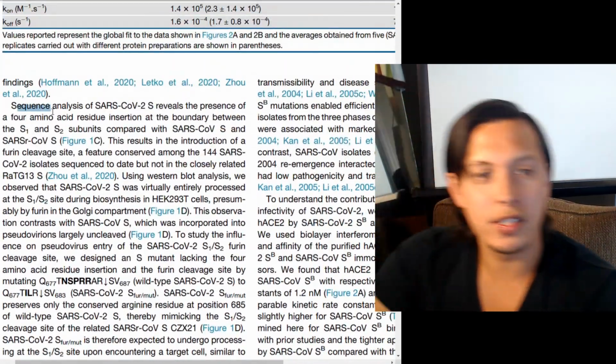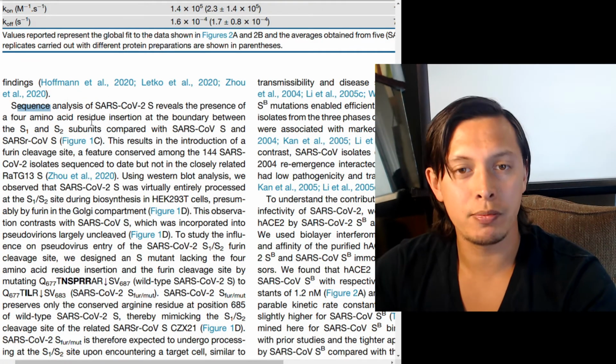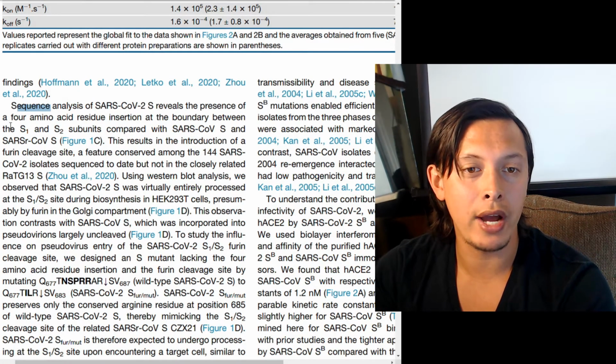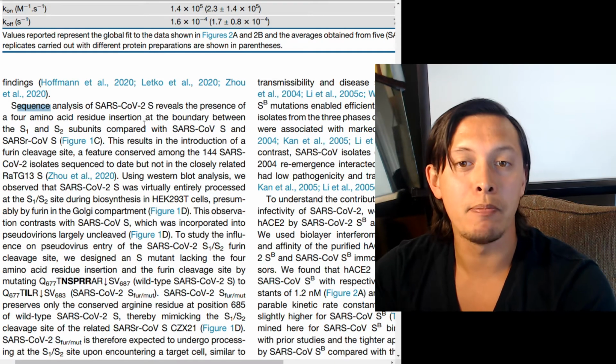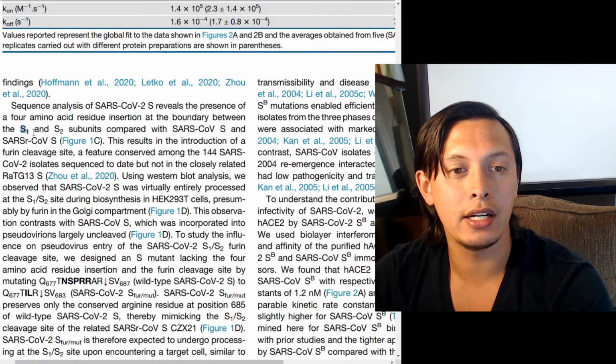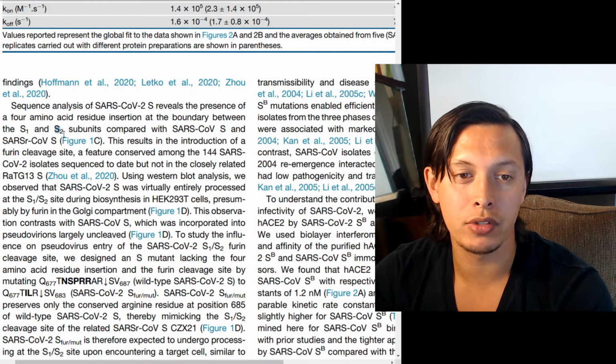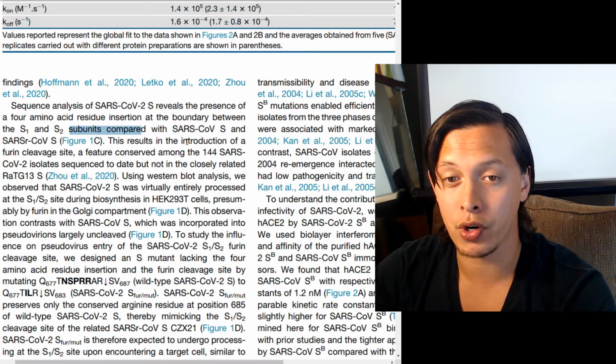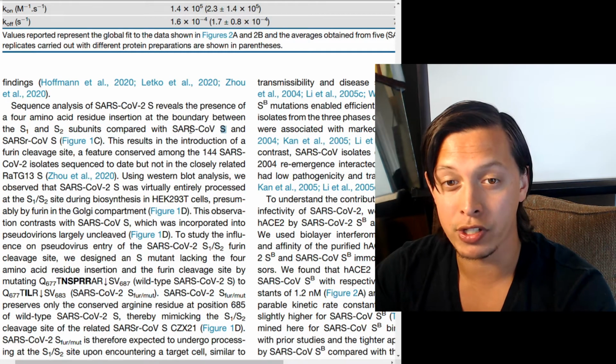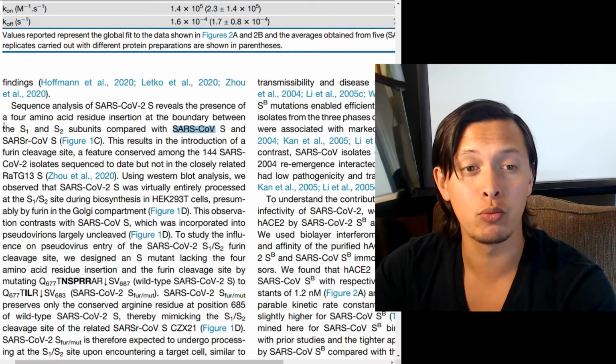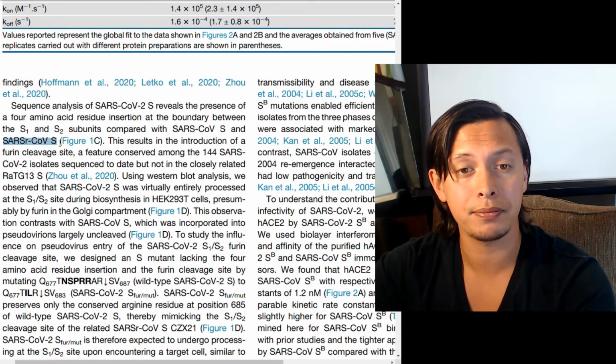Sequence analysis of the SARS-CoV-2 spike revealed the presence of a 4 amino acid residue insertion at the boundary between the S1 and S2 subunits, compared with the original SARS-CoV spike and related SARS-CoV spikes.